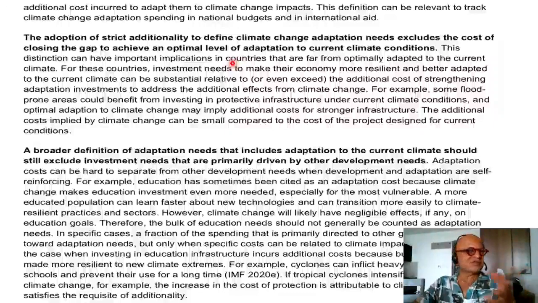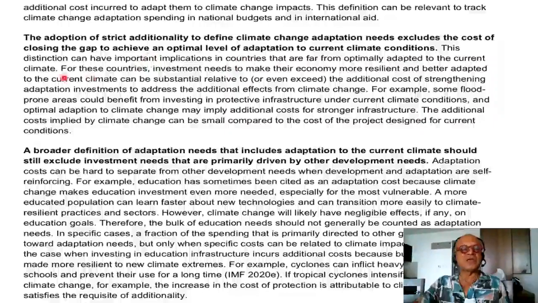These are human activities which do affect climate change, but let's say they are not directly related to greenhouse gas emissions, which are global as opposed to local land use change. Then additionality is basically what your natural economic growth activities are doing, and then what is added on top by climate change in terms of investment needs.